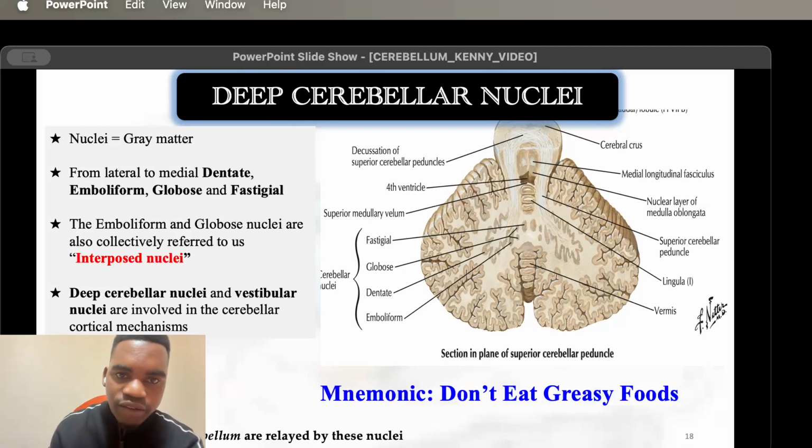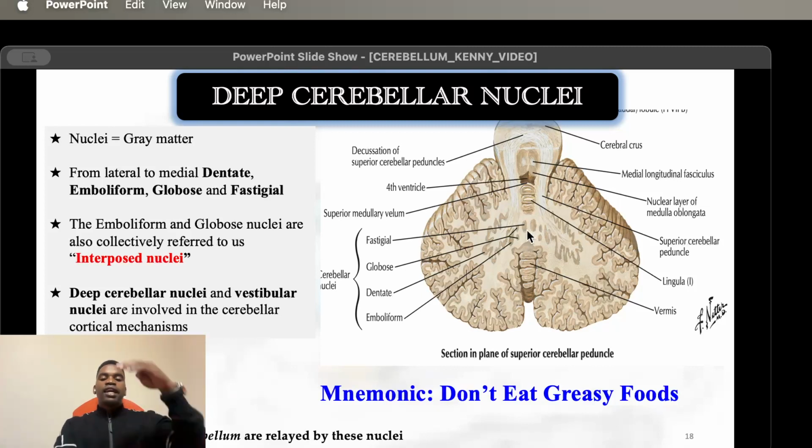And then we have two nuclei, 1 and 2, called the globose nuclei. And the most medial nucleus is known as the fastigial nucleus.